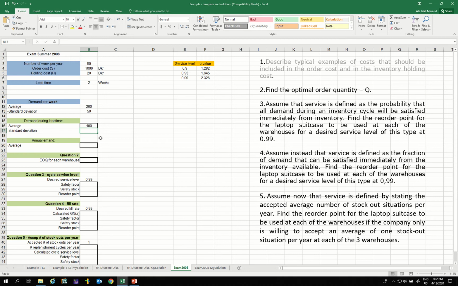And then for the standard deviation of demand during lead time, I need to use the same formula, if you remember from the previous examples. The formula with the square root, and if I simplify it for a constant lead time, I will get the square root of the lead time multiplied by the standard deviation of demand.